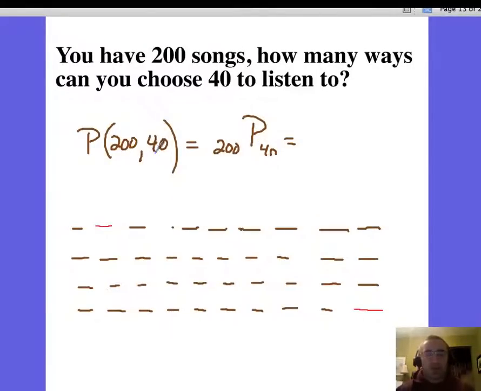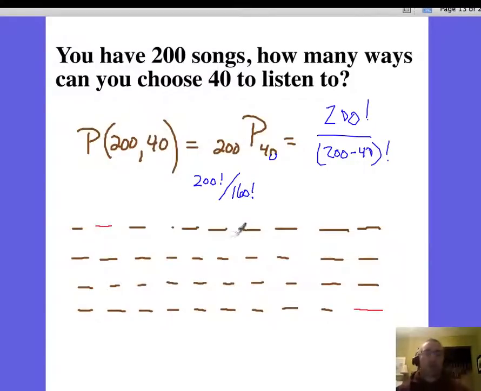So 200 with a subgroup of 40, 200 permutate 40 would be 200 factorial over 200 minus 40 factorial, or 200 factorial over 160 factorial.